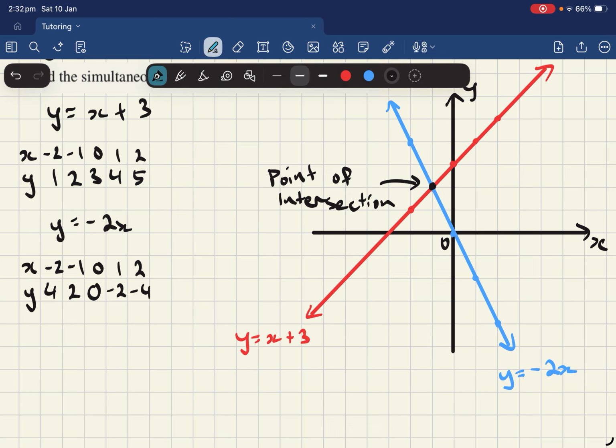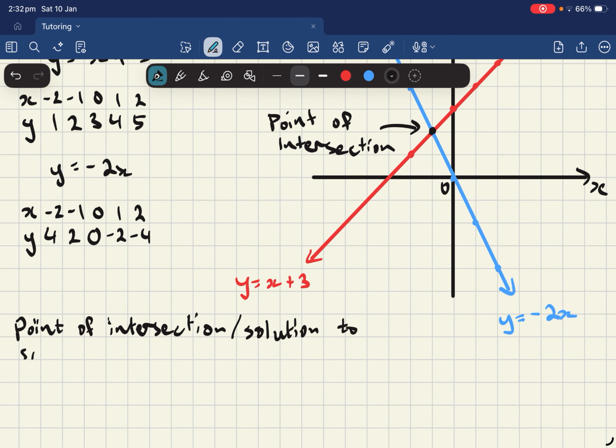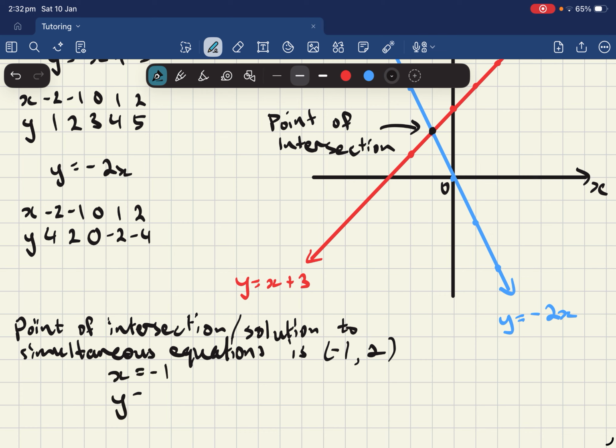So our point of intersection, or the solution to the simultaneous equation, is -1, 2. Or in other words, x equals -1 and y equals 2.